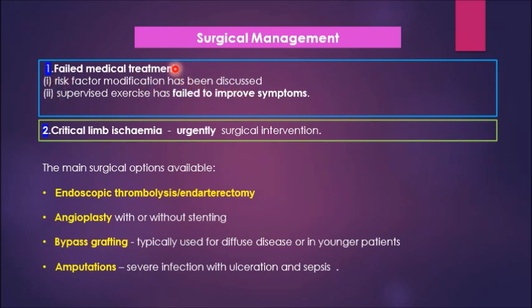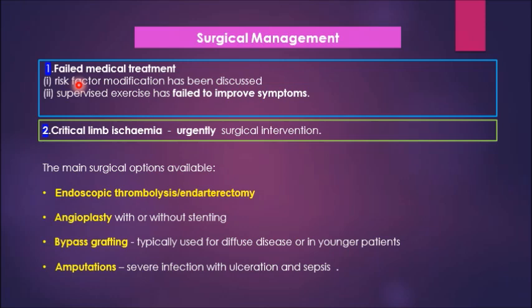Or if the patient's condition worsens from chronic limb ischemia and develops critical limb ischemia, then you need surgical intervention urgently. Okay, so these are the two main indications. By far the most common is failed medical treatment.